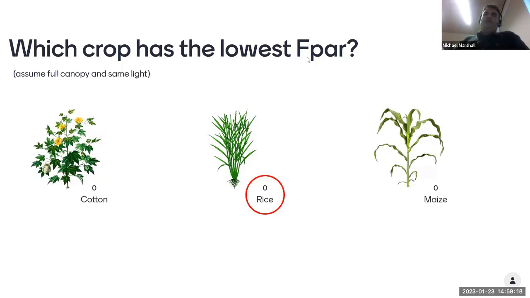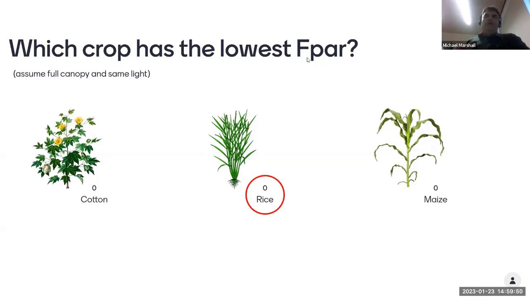So SIF, basically, for those of you who don't know, there's a very narrow region, I think around 750 nanometers in what we call the near infrared. This is light that's actually energy that's emitted by the plants during photosynthesis. It's a very small amount. It's like 1-2% of the total energy that you could measure, say, with a sensor. So it's very small, and this is one of the challenges, but it's very tightly coupled to photosynthesis and production.